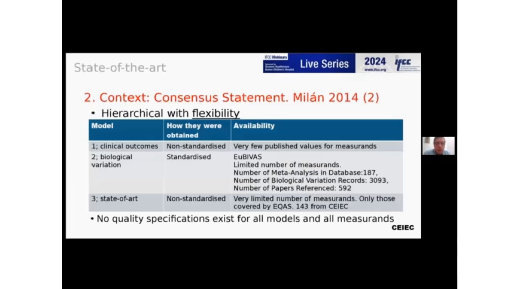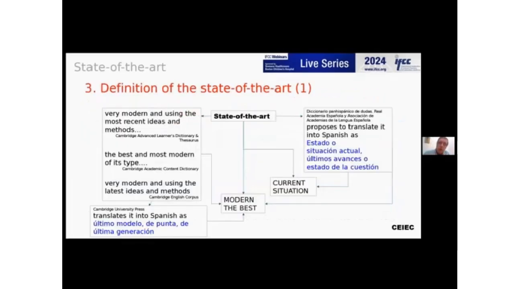Defined as we engage in the Milan Consensus, we can make a linguistic approximation to what state-of-the-art means. For Cambridge people, it would be the state of an activity as modern as possible and in the best situation.